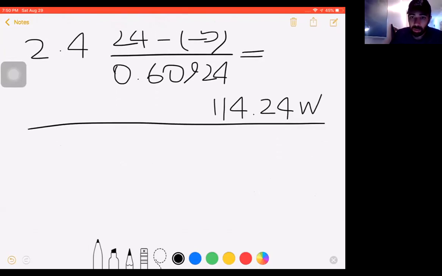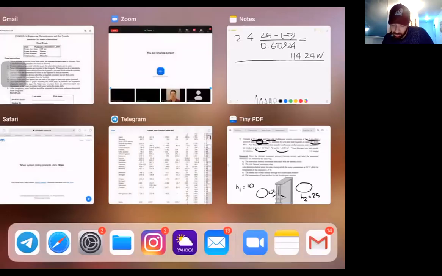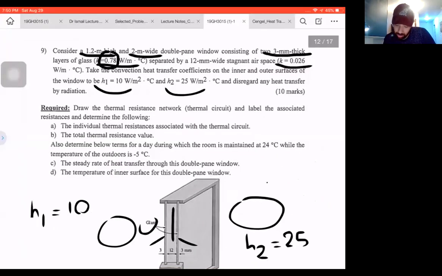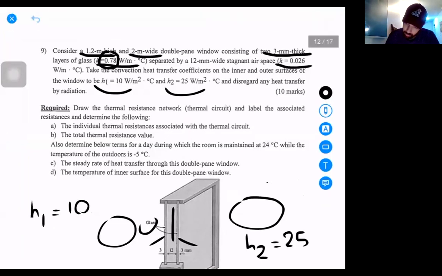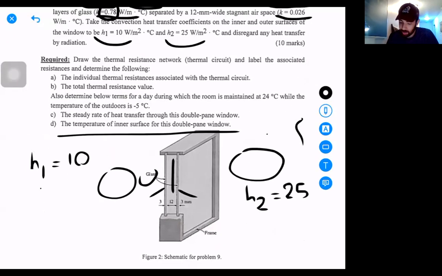The next part of the question asks me to find the temperature of the inner surface for this double pane window. So it basically means the question wants me to find the temperature at the second point.